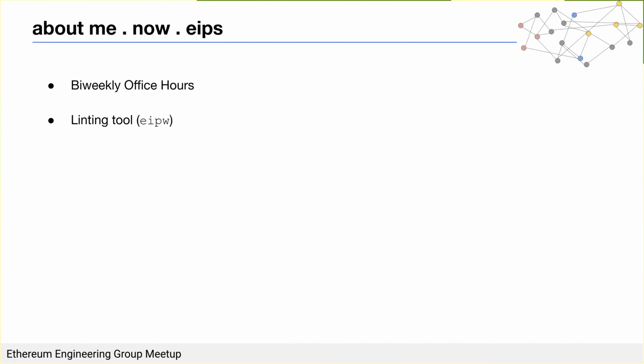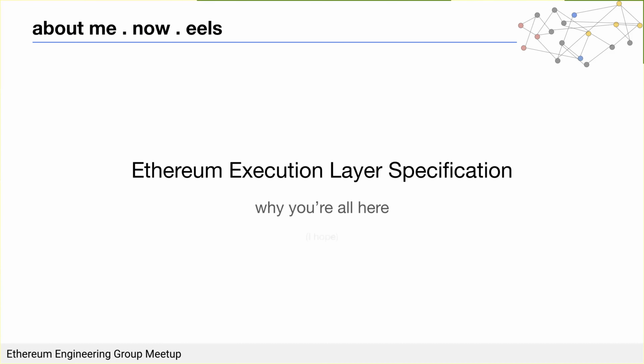I also do EIP editing. I do biweekly office hours. They're taking 2 weeks off, so end of October would probably be the next one. And I also maintain a linting tool, EIPW, that is a great introduction to Rust if you want a project to work on. And the reason you're all here, I hope, is the Ethereum execution layer specification, and we're going to start talking about that shortly.